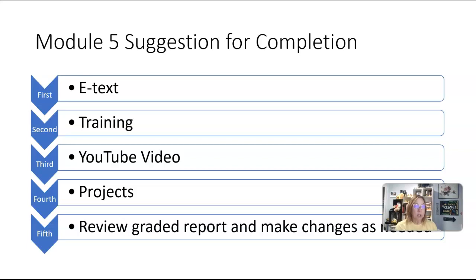Training might take you a little bit longer, but it's covering everything that you need for Chapter 3. Then take the time to watch the YouTube video for that project. So for the 7 Summits group, watch that video from start to finish, then go in and start working on your project.